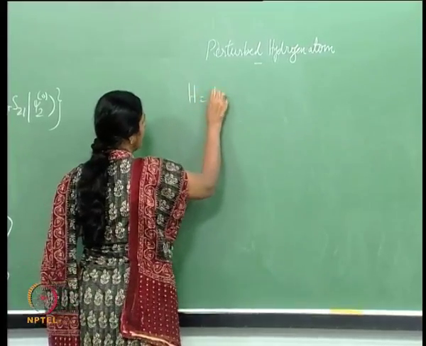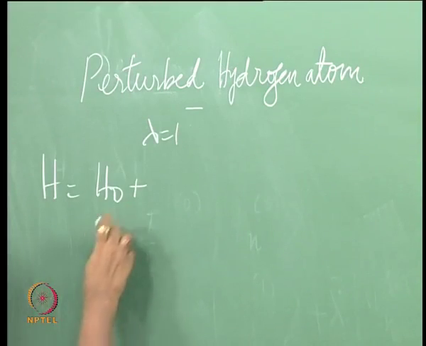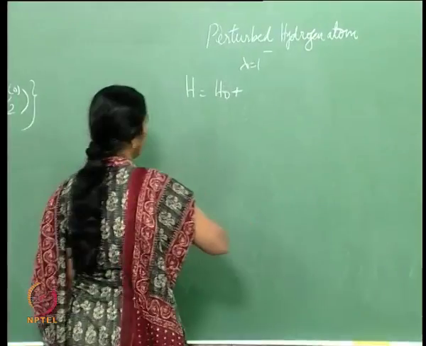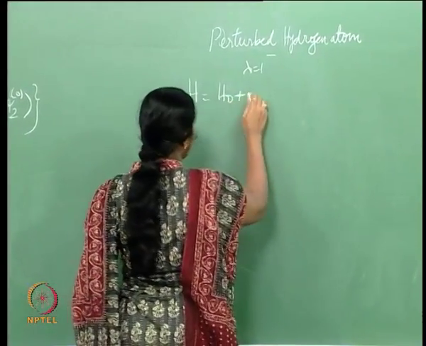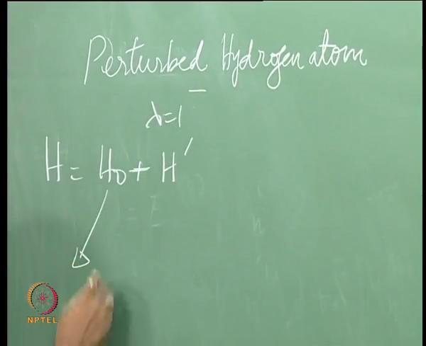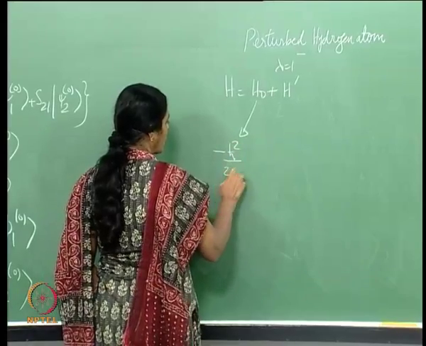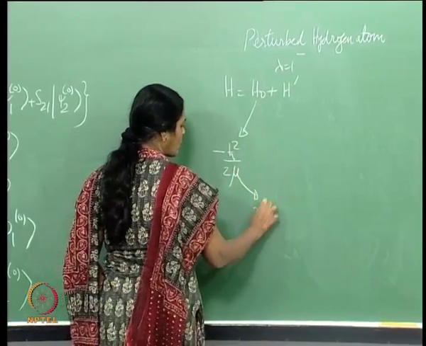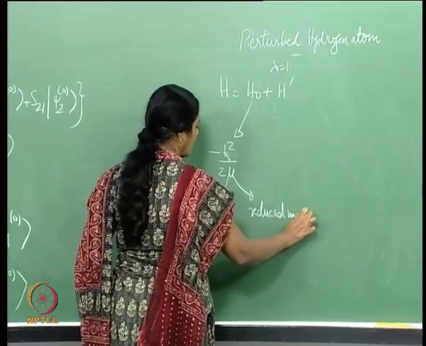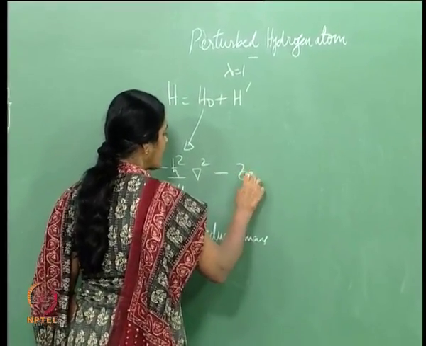So, the Hamiltonian has a free part. I am going to set lambda equals 1, and a perturbation. Now, this free part, the hydrogen atom problem, we had earlier reduced to an effective one body problem, and H naught is minus h cross squared by 2 mu, where mu is the reduced mass, del squared, we work in spherical polar coordinates, minus Z e squared by r.